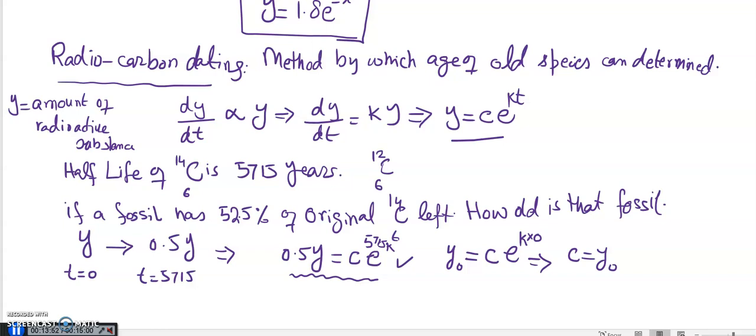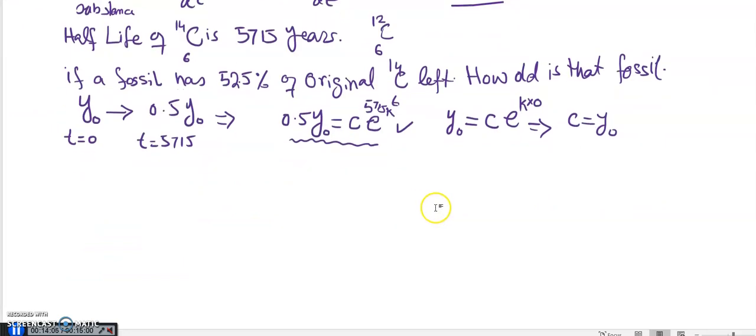So from here, if the initial value was y0, then we can put y0 over here, and similarly we can put y0 over here. Now we can use this relationship in this equation. So 0.5 y0 is equal to y0, because C is equal to y0, into e power 5715k.